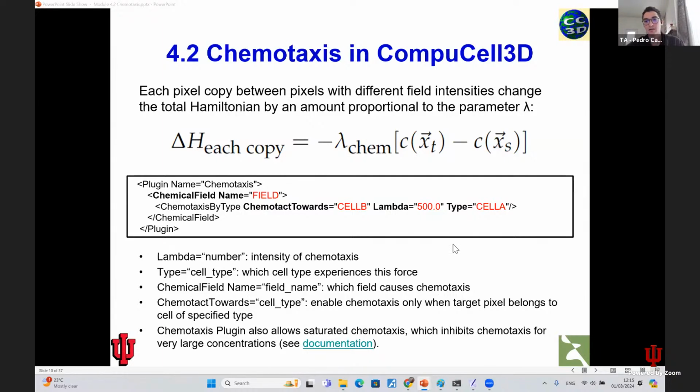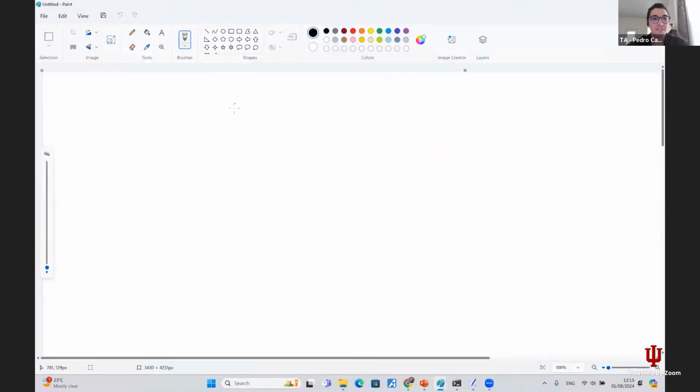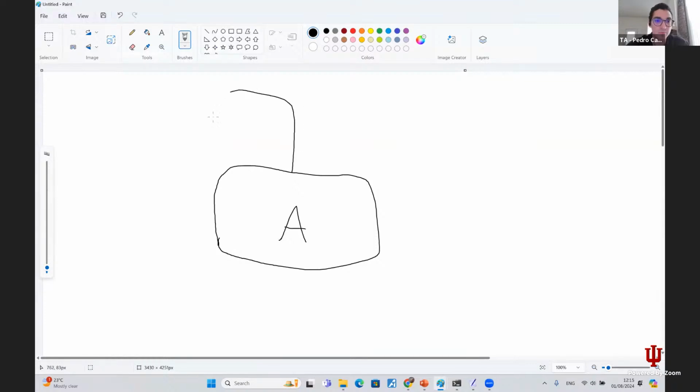I will open Paint here and try to explain how this is working. I have cell A here, and I have cell B here, and then I have cell C here.